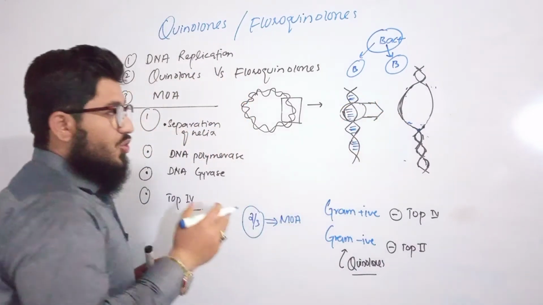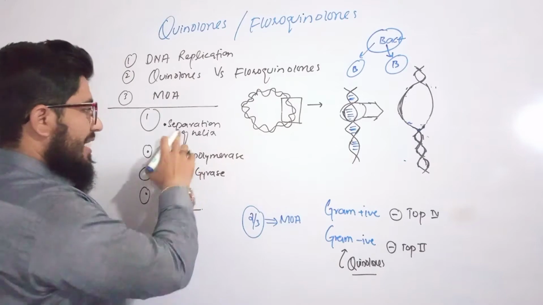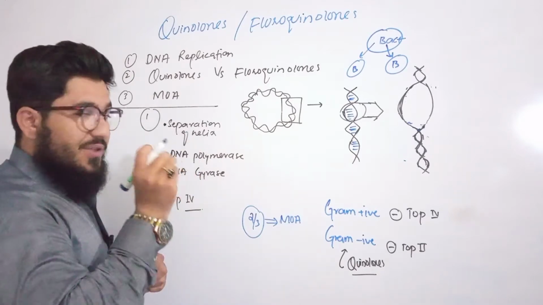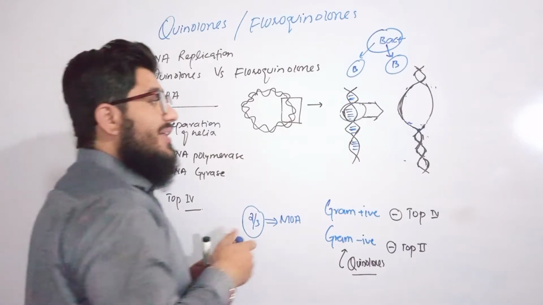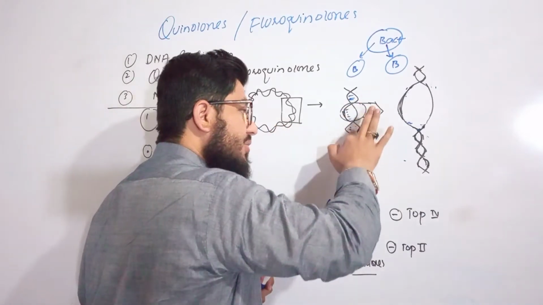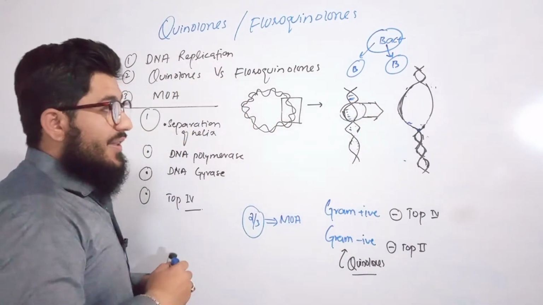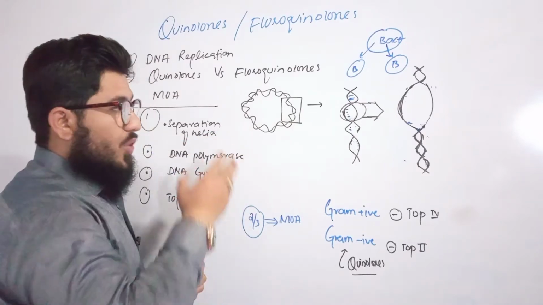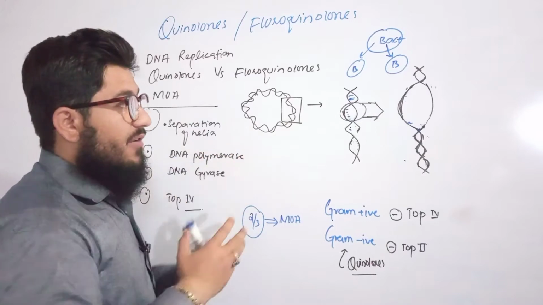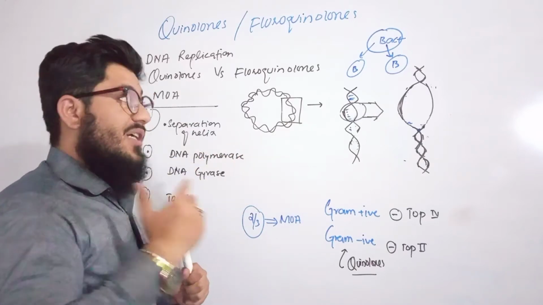Now what is going to happen to open and separate this helical structure? Here we have an enzyme known as helicase, a DNA helicase, that will come and break these hydrogen bonds between the nitrogenous bases. Then these loops will be free. Now both the strands will be free for new DNA synthesis.